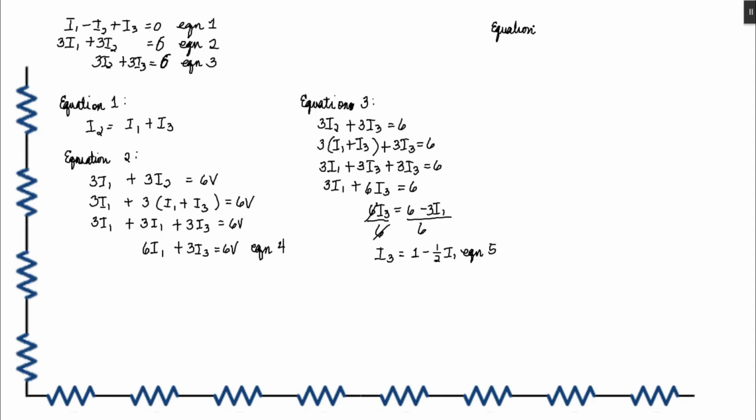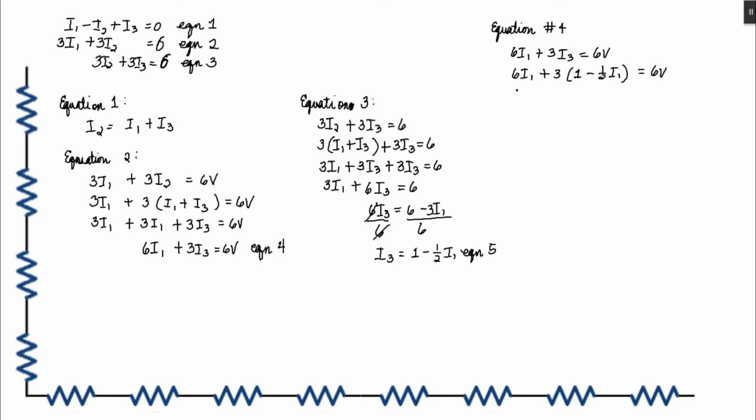Equation number 4. So 6I sub 1 plus 3I sub 3 equals 6 volts. Substitution. Gamit po ang equation number 5 po natin. So 6 times I sub 1 plus 3 times I sub 3 po natin, it's 1 minus 1 half ng I sub 1 po natin equals 6 volts.